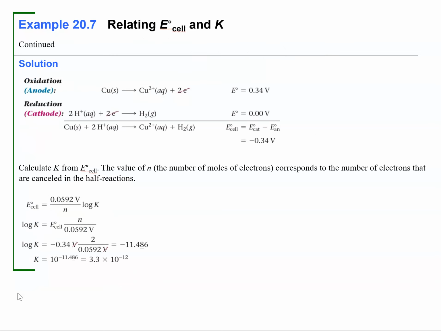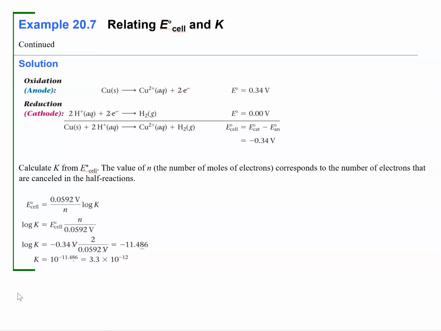First thing we've got to do is break everything down into half reactions, balance them by mass and charge, re-sum them, and in doing so, sum our potentials. Copper at our anode is being oxidized. It is going to be solid copper going to our copper-2 cation plus 2 electrons. That's going to be our oxidation reaction because oxidation is loss. We are losing electrons from the copper, and its standard reduction potential is 0.34 volts.